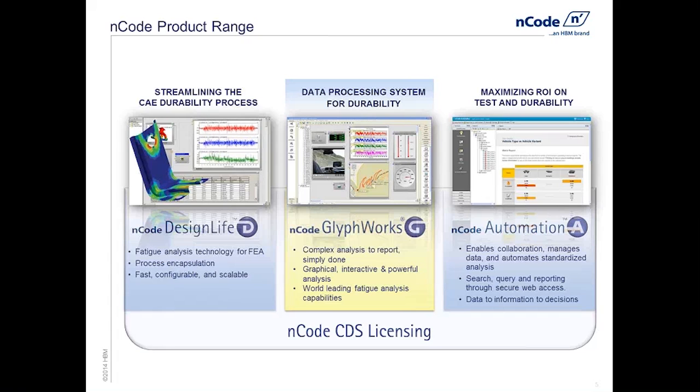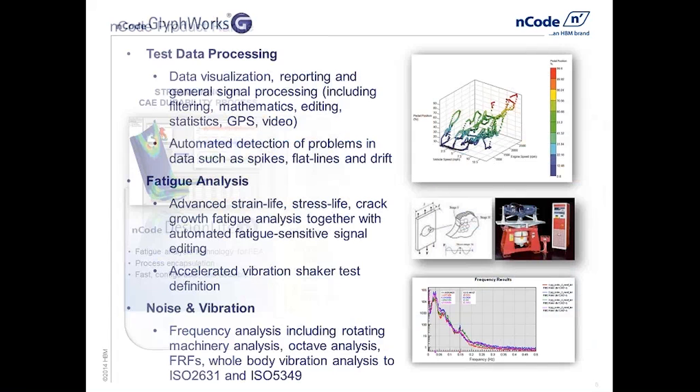The unique feature about Automation, however, is that GlyphWorks lives underneath it, and it can automatically process data as it's uploaded to the Automation server. Since our focus today will be GlyphWorks, I'll dive a little deeper into its capabilities. As I've said already, GlyphWorks is a data processing system designed to analyze measured test data.